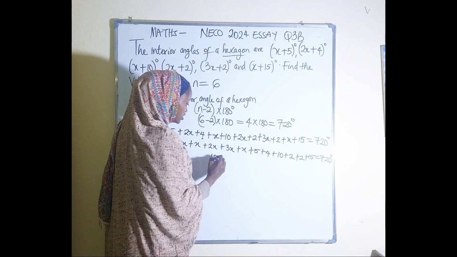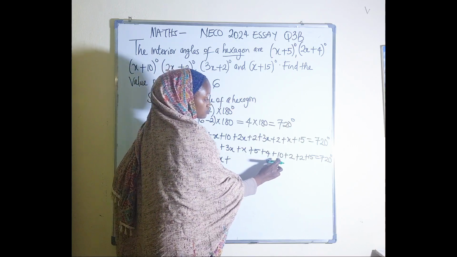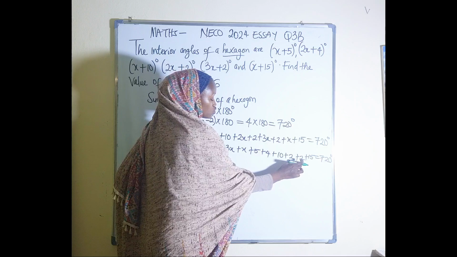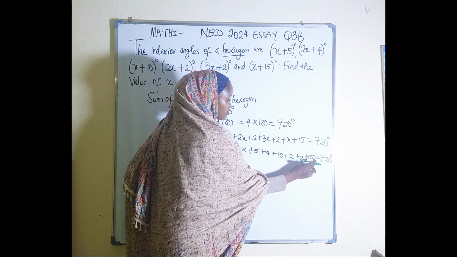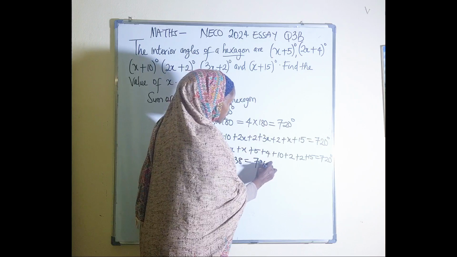So we have 10x plus 5 plus 4 is 9, plus 10 is 19, plus 2 is 21, plus 2 is 23, plus 15 is 38, equal to 720 degrees.